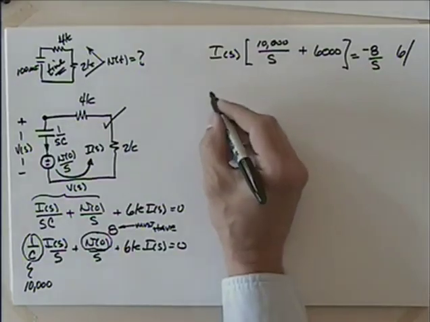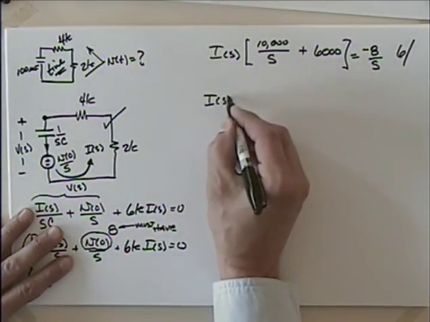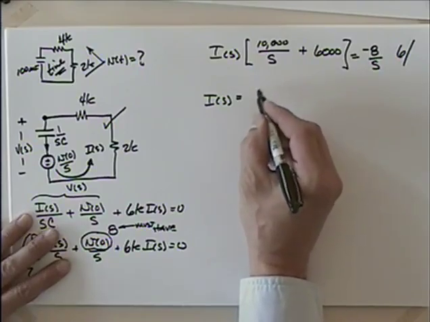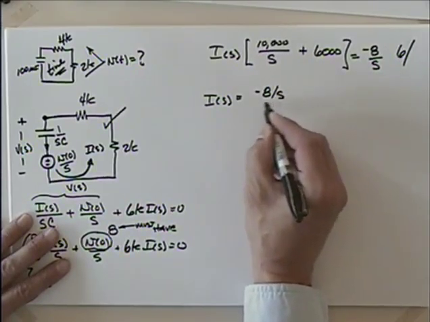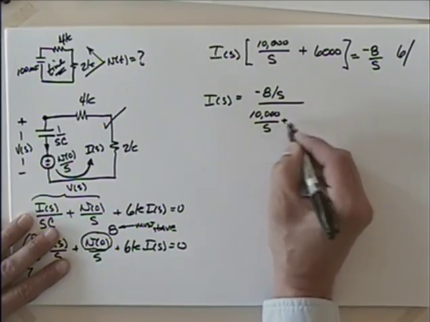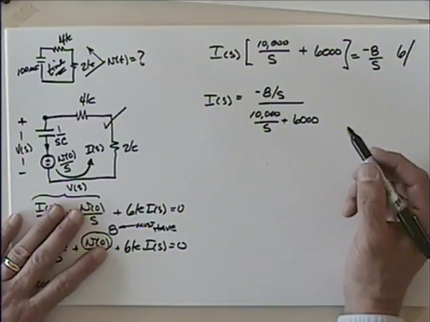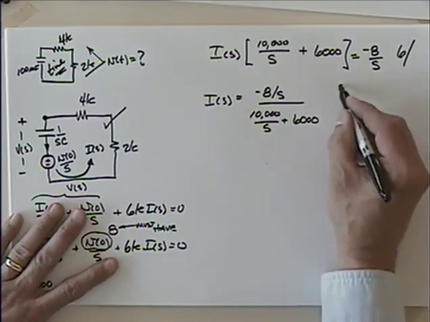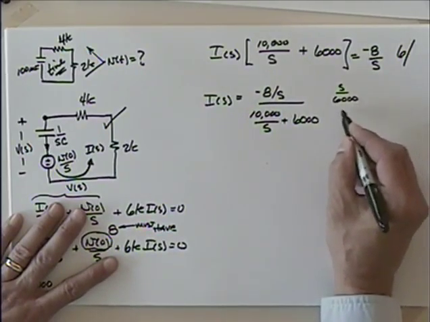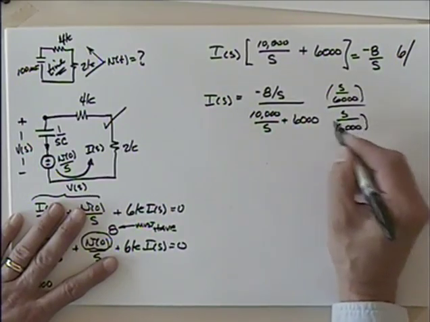So let's see, I could solve this for I of S, right? I of S is equal to minus 8 over S divided by 10,000 over S plus 6,000. What do we want to multiply by? Yeah, S over 6,000 here, S over 6,000 there.